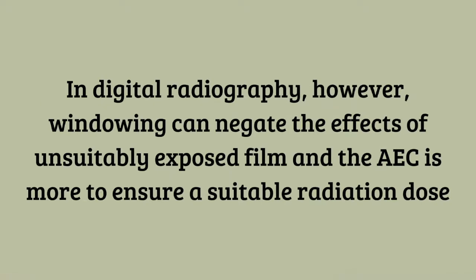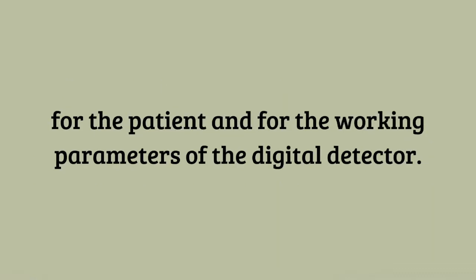In digital radiography, however, windowing can negate the effects of unsuitably exposed film, and the automatic exposure control is more to ensure a suitable radiation dose for the patient and for the working parameters of the digital detector.